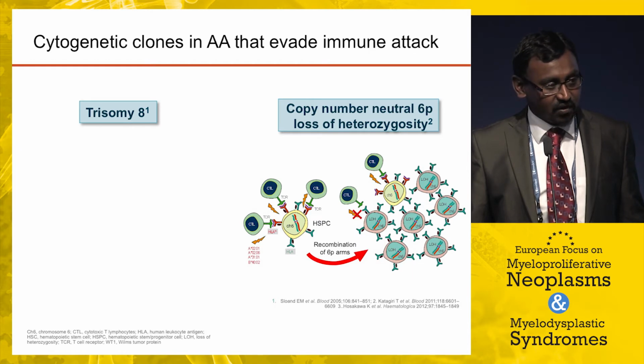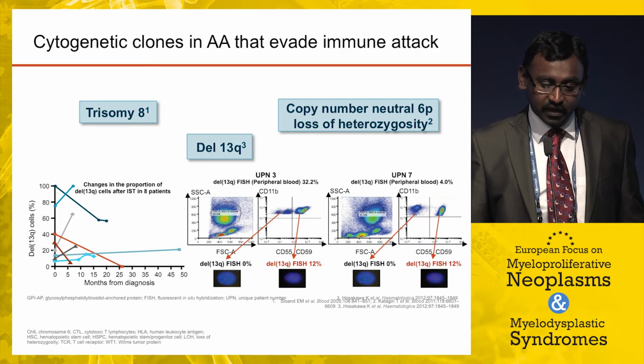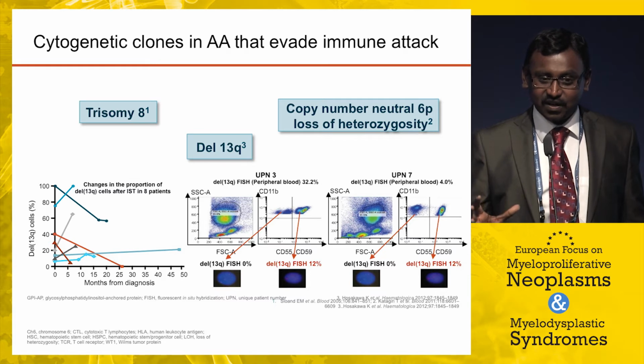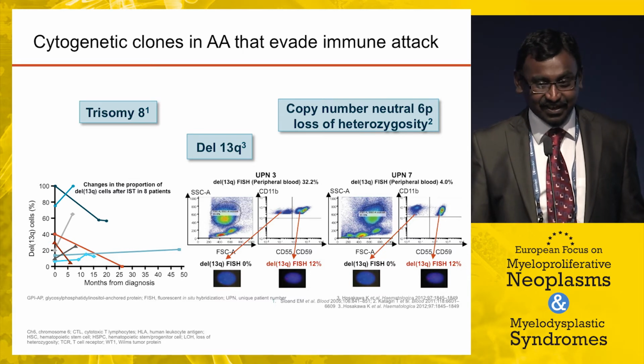Similar in the context of 6p UPD as well, because that's the locus of the HLA-A locus, so you do have mutation or loss of heterozygosity of the A locus, which leads to expansion of these clones, which is predominantly seen in the Japanese group. And also recently described is 13q, which was usually described in the context of MDS unclassified, but that's more seen in the context of aplastic anemia. And incidentally, the PNH clone is part of the 13q cytogenetic clone as well.